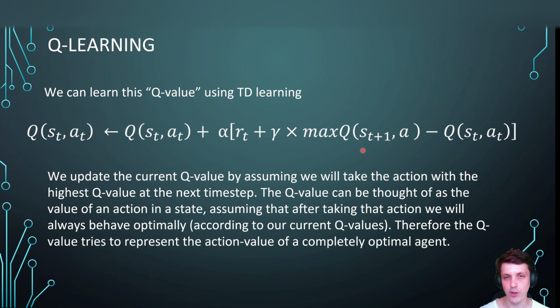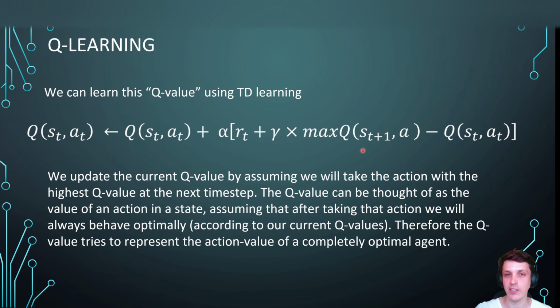Well, it's saying that the Q value for any given state action is: if I take this action, how good does it get from here? So it's not just the value of taking this action and getting the immediate reward. It's saying I took this action, how good can it get from here?